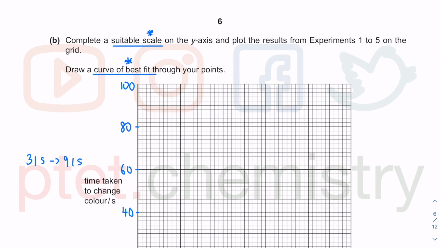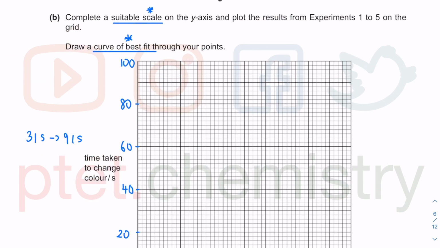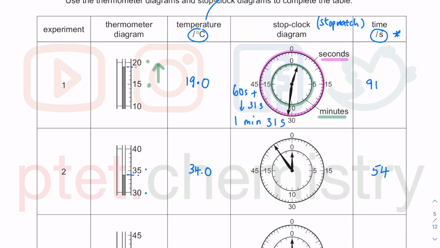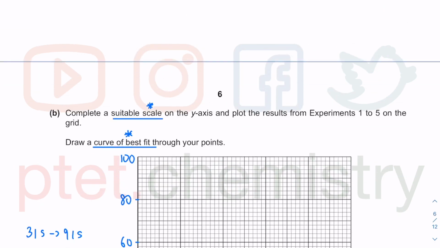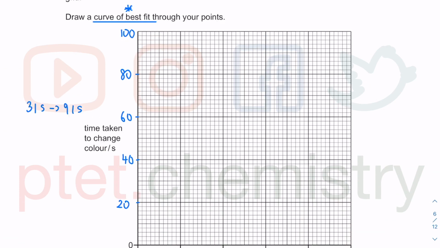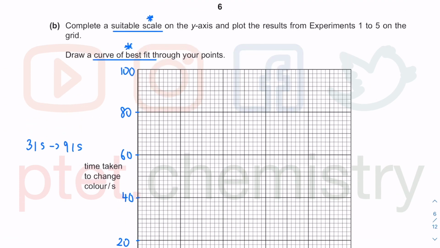If this is 80, this is 90 there, because 90 is halfway in between 80 and 100. So 91 is going to be in between 90 and 92. I forgot my temperature already, 19.0 and 91 second. 19.0 should be there because this is 10, this is 20, 15, 16, 17, 18, 19. So 19.0 and 91, that should be roughly there.